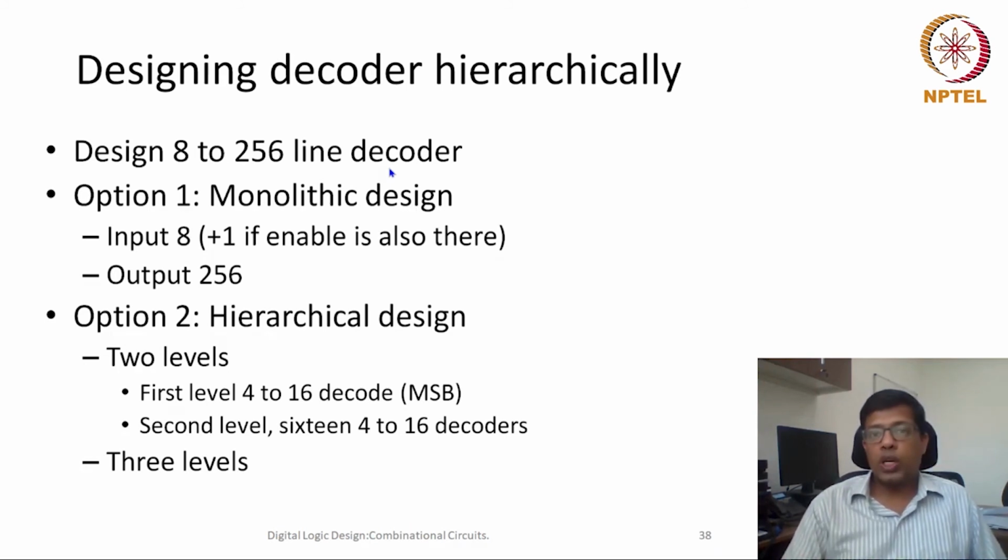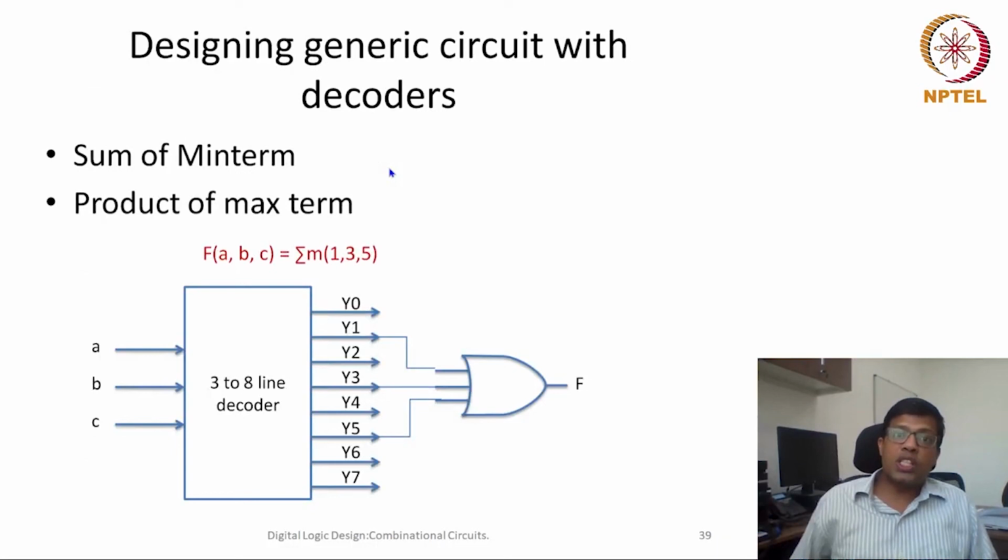Now I'll show one more advantage, one more application where we can use these decoders. These decoders can essentially be used like multiplexers. These decoders can also be used to design any generic circuit. In our previous module we have seen that any generic circuit is either a sum of products or a product of sums.